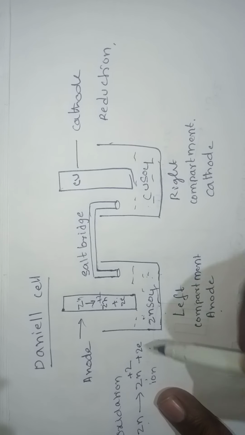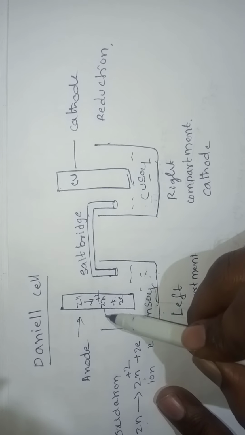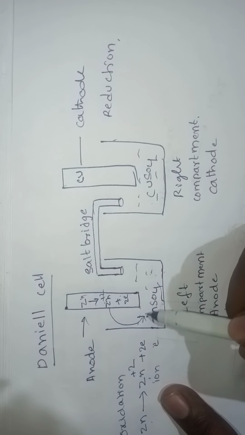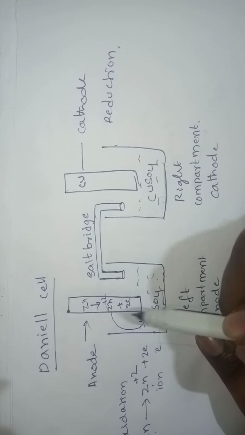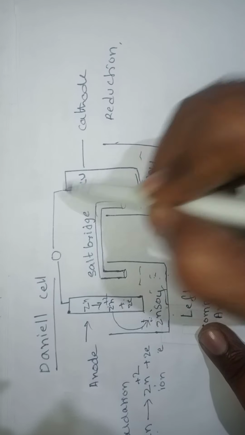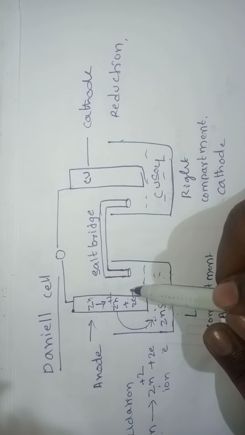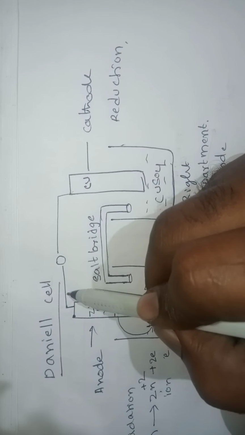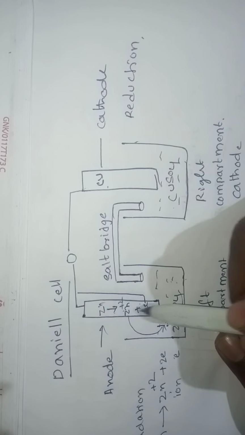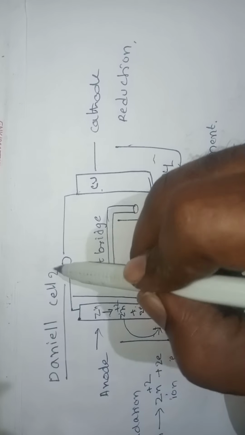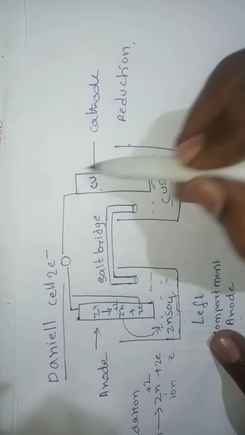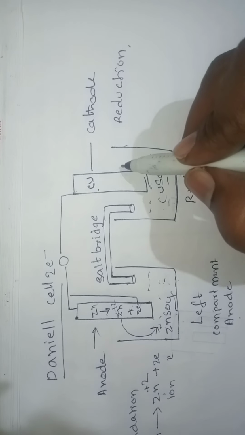Zinc ions are released into the electrolytic solution, whereas the electrons, so this is the Voltaic cell, travel through the external wire from anode to cathode. So how many electrons are traveling? 2 electrons are traveling from anode to cathode, and these 2 electrons are gained by the copper ions.